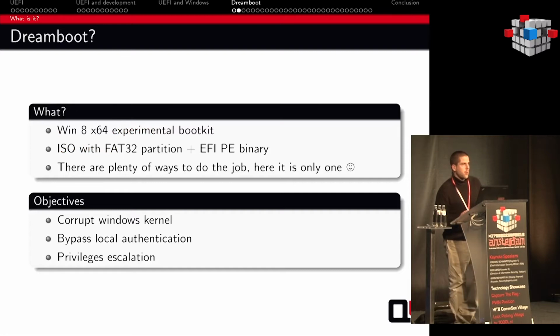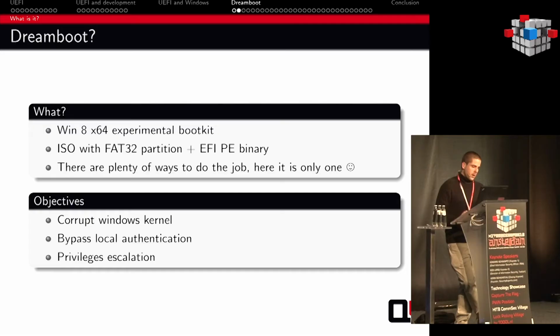So now, what about Dreamboot? It's a Windows 8 Bootkit. It works only for 64-bit processors. In fact, it's just a PE binary, which could be stored on an ISO, for example.